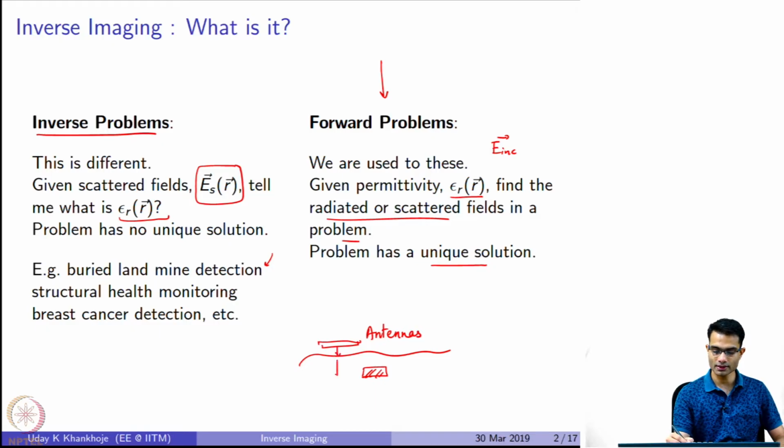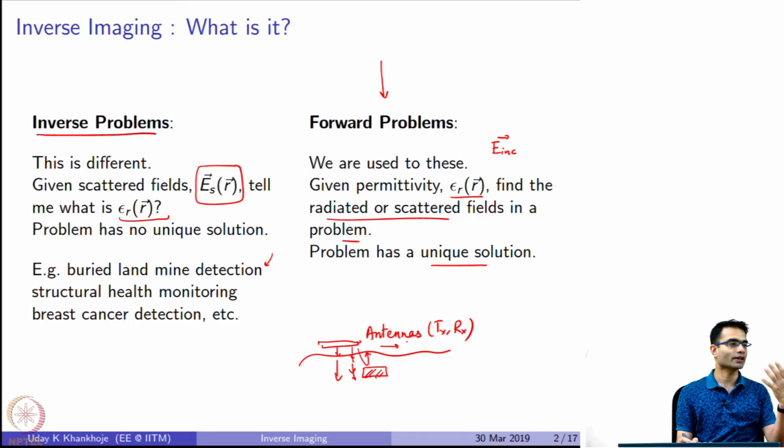So they are sending fields everywhere, and when it hits this object, some of the fields will get scattered back, and this antenna, both transmitter and receiver, both are there. So you sort of take it over the ground and collect the scattered fields, and then you solve a mathematical problem, assuming you have not been blown up already, to get what is the permittivity as a function of space.